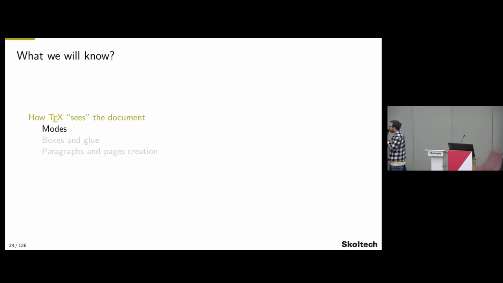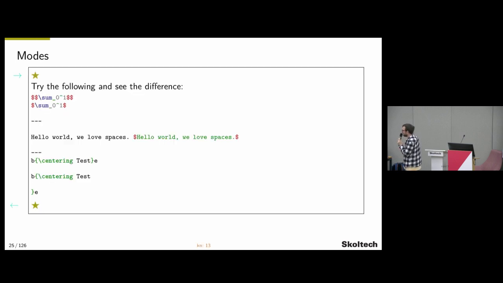At first, we need to understand that there are several modes. Peter, I will ask you to send this example. So this is a short example. Please open the PDF from Telegram. Just copy all the stuff somewhere inside the document and see the difference.